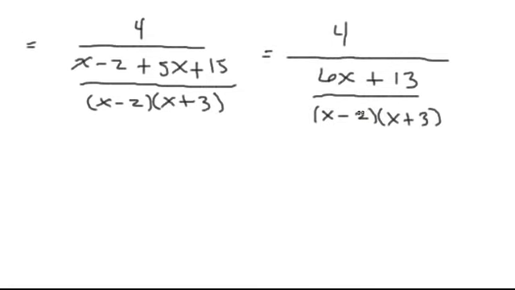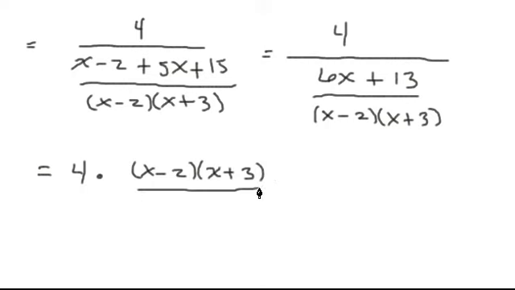So now we're going to take this denominator here and we're going to flip it. Okay, so that gives us an x minus 2 times an x plus 3, and that's all over 6x plus 13. So we really want to take this 4 and write it up here with them.